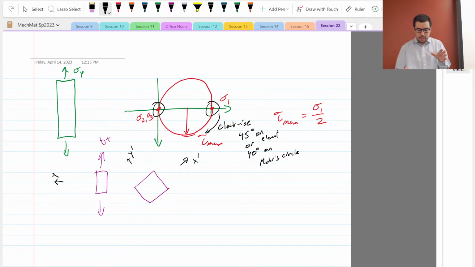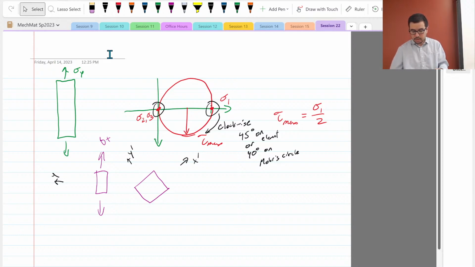And I have an average stress. I'm down at this point, so my stress is going to be coming out like this. Oh, I should use a different color. Like this.